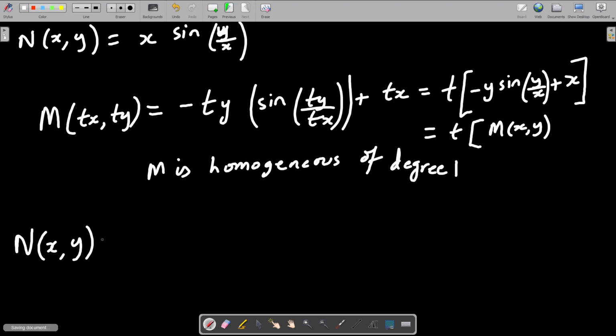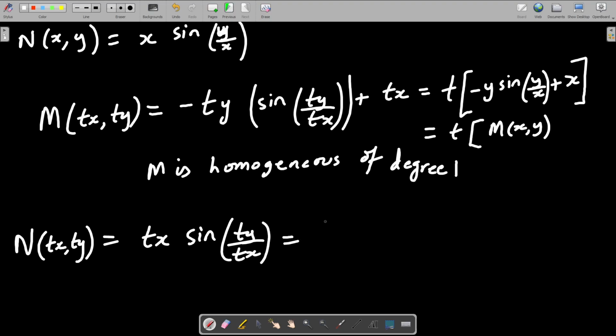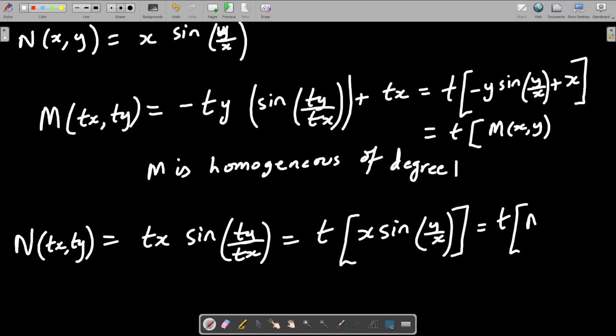Now N of tx, ty I have to do. So this will give me tx times sine of ty by tx. So t will come out common there, and I have x sine of y by x. This is nothing but my original function again, since this t cancelled here. So t times N of x, y.